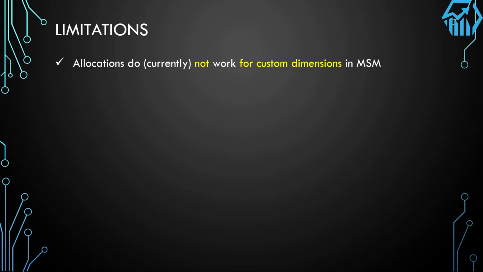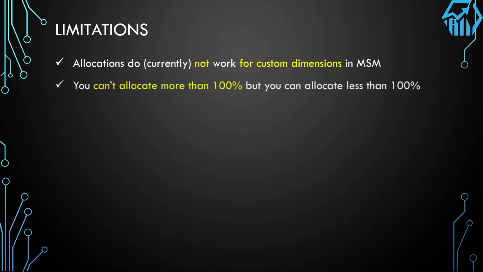If you know the custom dimension, these are basically kind of text fields that you can set up and that allow you to separate your emissions by different areas. The allocations that I talked about are not intended for that. At the moment, I cannot allocate them to the different custom dimensions.